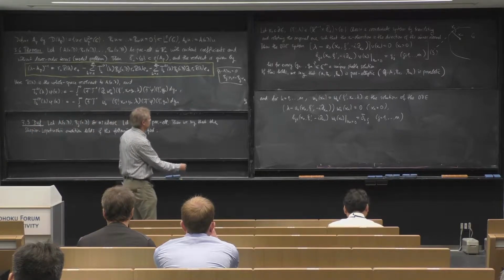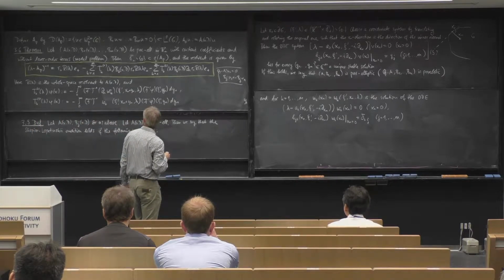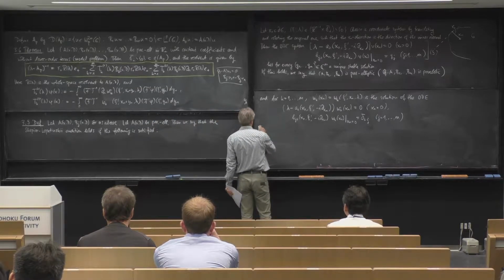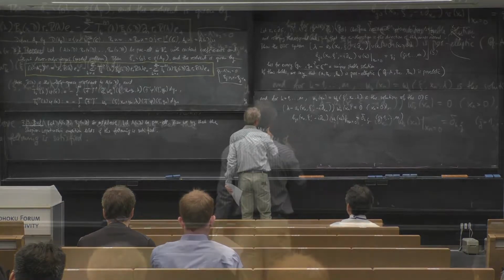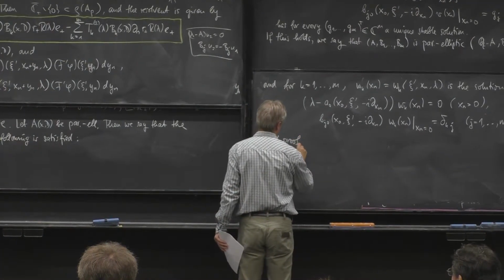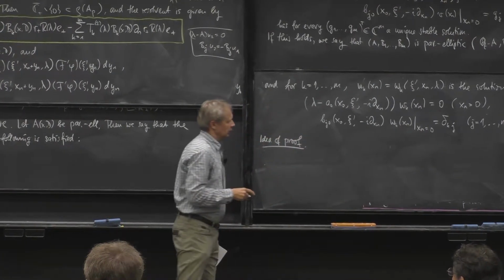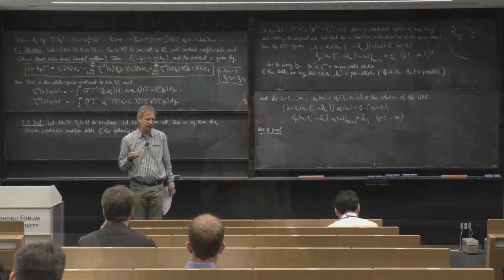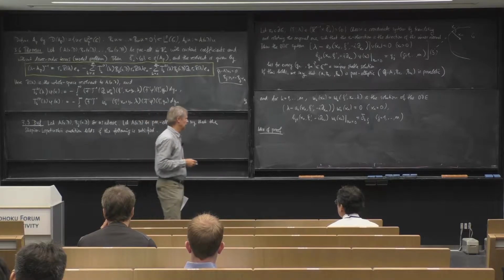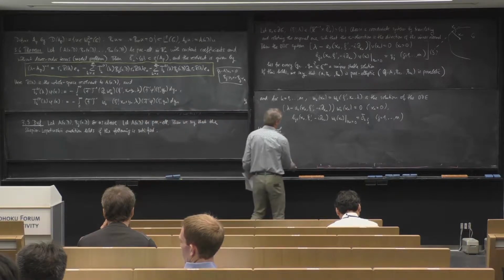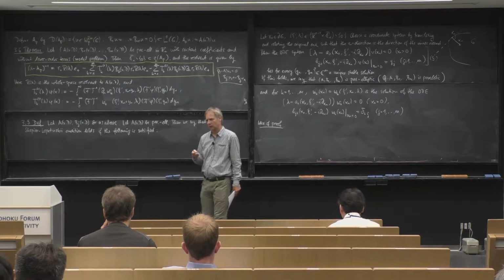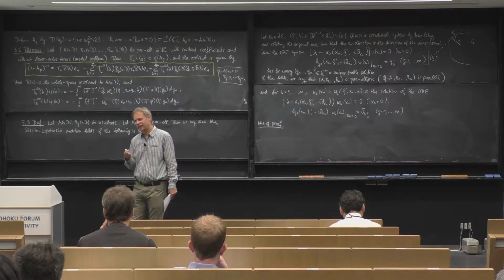So some remarks here. Okay, maybe some words on the proof. Idea of proof. So essentially, this is of course the same as in this example. But one particular point: it's connected with the number of boundary conditions.